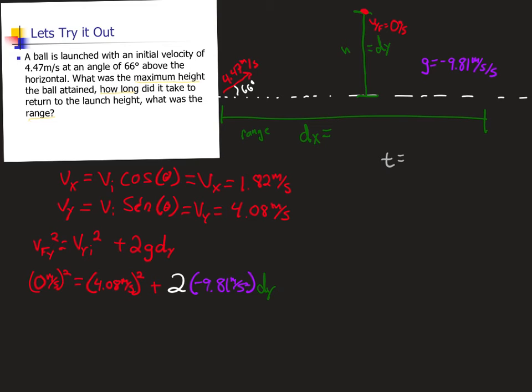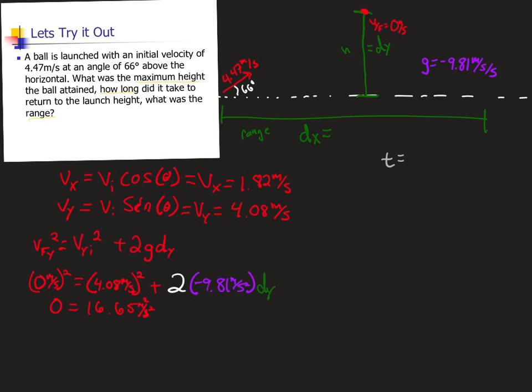Solving for what I have, 0 squared is going to be just a 0, which is going to be really nice, is equal to 4.08 squared, or about 16.65, and we'll round it for calculation purposes. That would be meters squared per second squared.